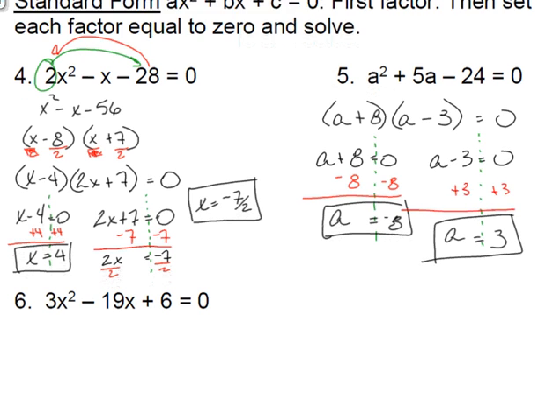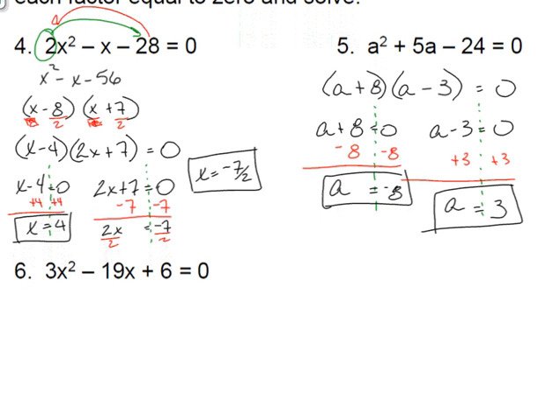Looking at example 6. Example 6 is similar to example 4. I need to first move my 3 to the right. So I'm going to have now x squared minus 19x plus 18. So I can drop down now x, I have an 18, and I have a 1, and they both get a minus sign.